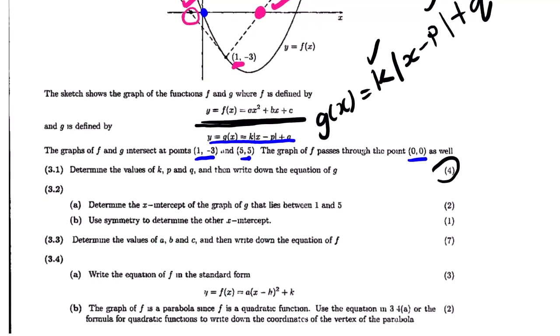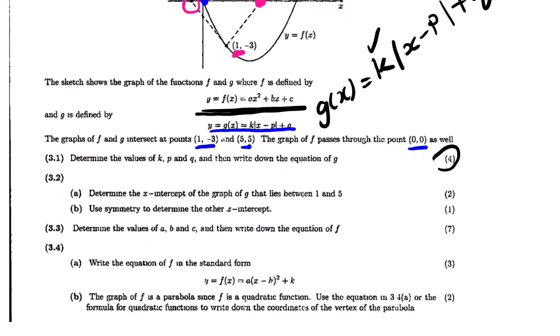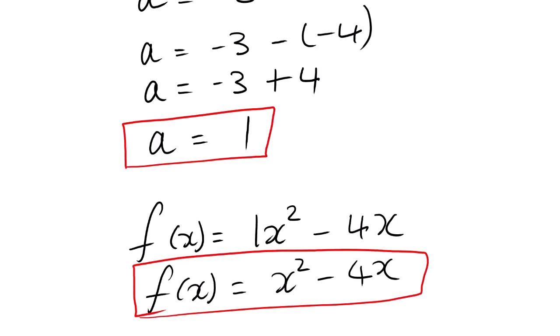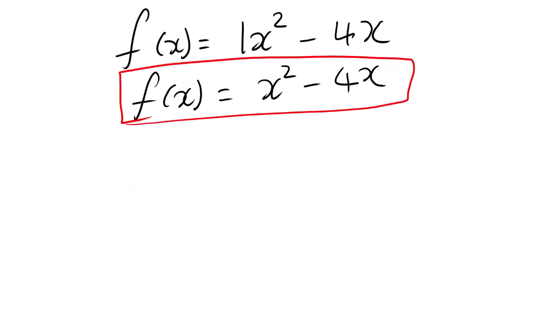Our next question, 3.4a. Write the equation of f in the standard form. So we need to complete the square. This is our equation. We can complete the square from here. Remember the rules of completing the square. The value of a must be +1.